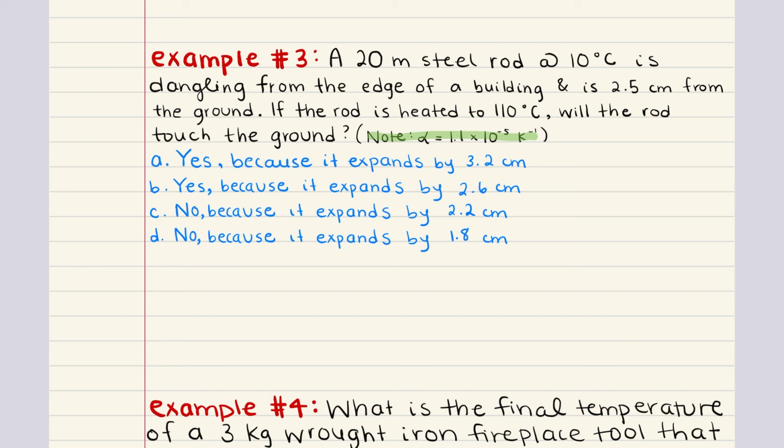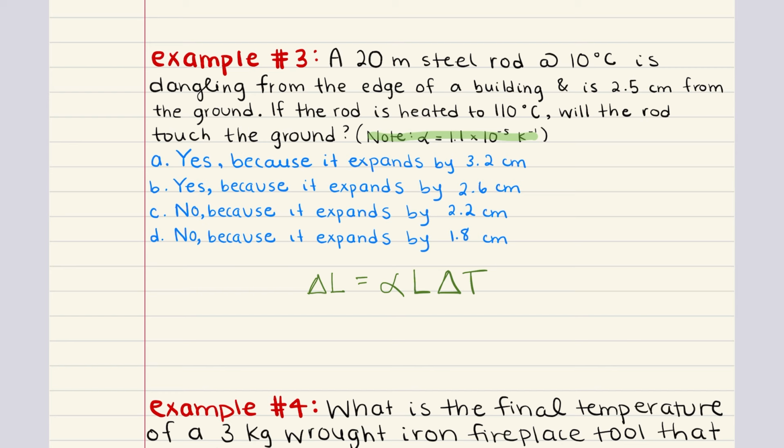Now, when an object is heated, it expands, and the change in length of an object due to a change in temperature can be calculated using the linear expansion formula, which says that the change in length is equal to the coefficient of linear expansion multiplied by the original length multiplied by the change in temperature.